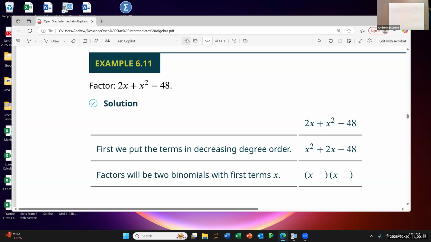Is there a difference in math between 4 + 5 and 5 + 4? So we can rewrite that top equation, instead of 2x plus x squared minus 48, as x squared plus 2x minus 48. Flip these two around. There we have that.